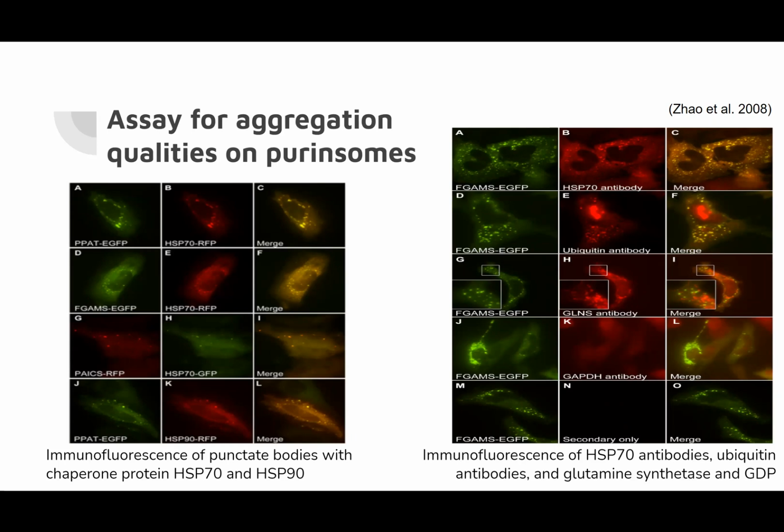So in figure 1, the 3 enzymes were all co-localized and co-transfected with the markers of aggregation. And in the second figure, the GFP-tagged enzyme was co-localized as well with the chaperone and ubiquitin antibodies. The bottom row of the second figure were controls and assayed for non-markers of aggregation, so therefore they show no co-localization.